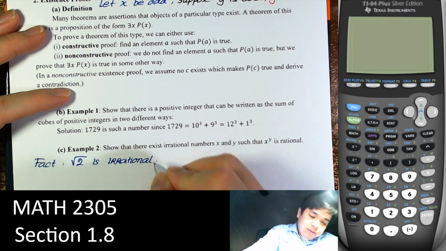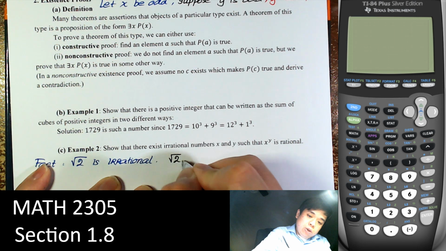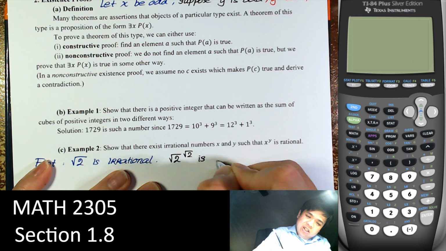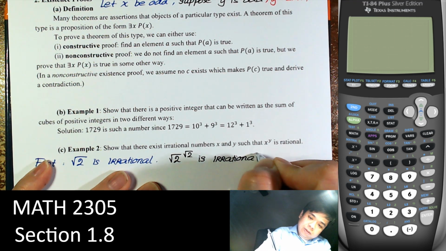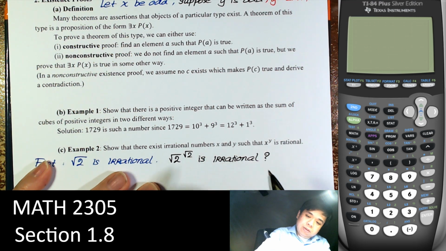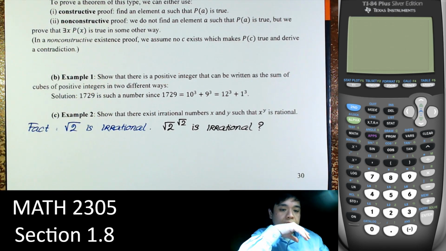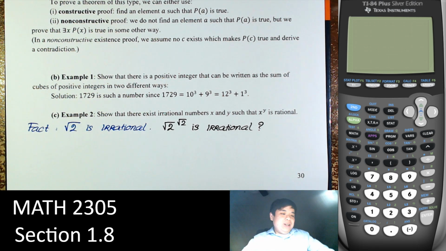And then my question is, is square root of 2 to the square root of 2 irrational or not? It will show that it doesn't really matter, and that's the point here.